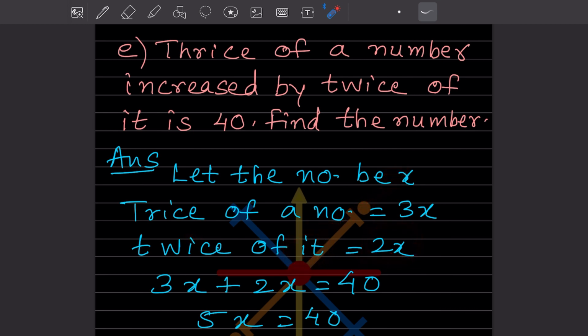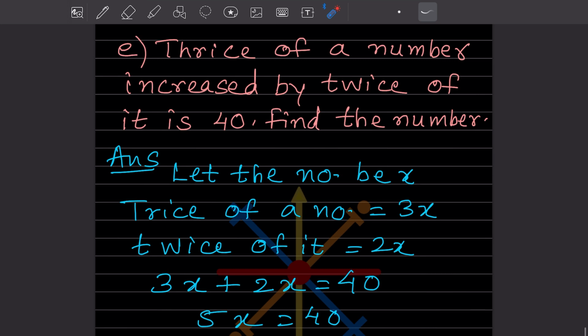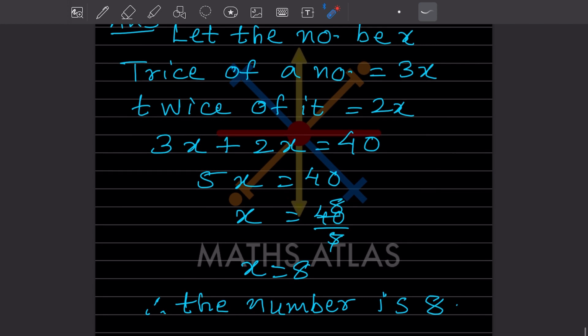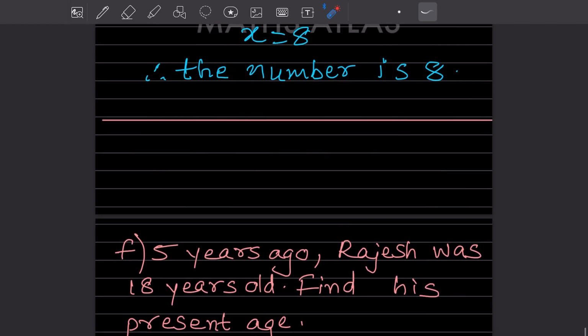Now what did they say? Thrice a number increased by twice of it is 40. So 3x, you're going to add 2x to that, and that is 40. So 5x is 40. So x is 40 divided by 5, which is 8. Therefore, the number is 8.